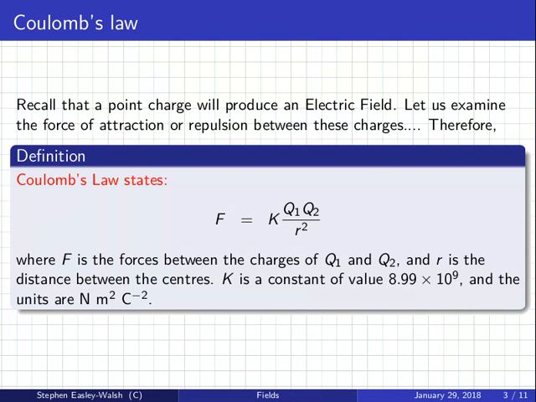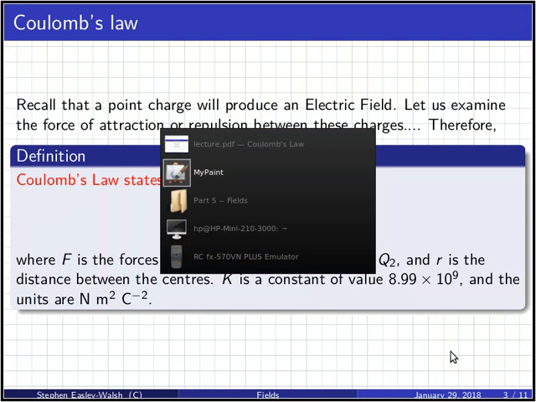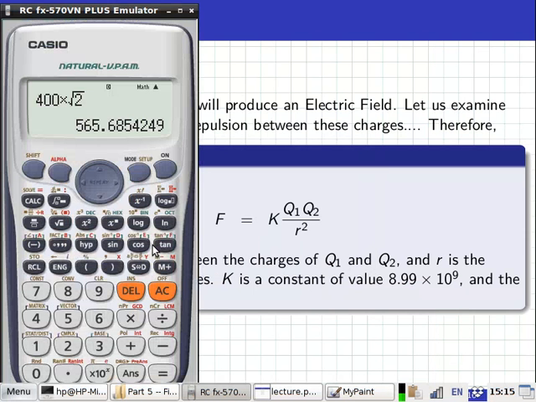And remember, the K is on your calculator like this. 1 over 4 pi epsilon.